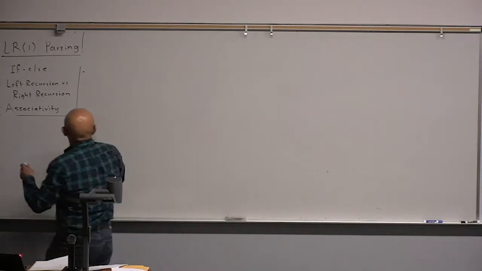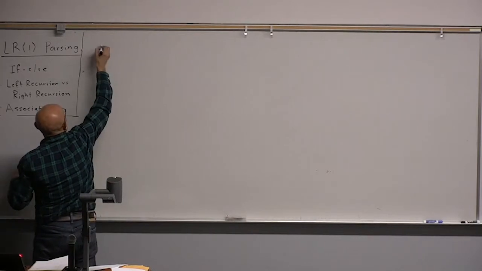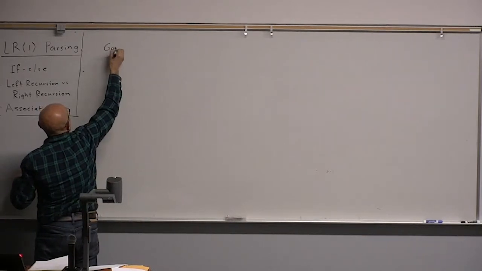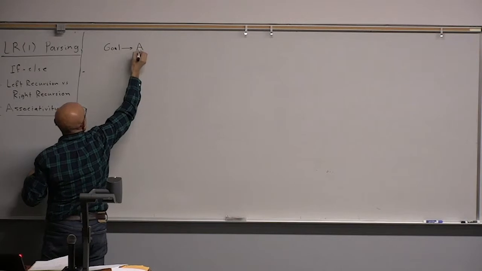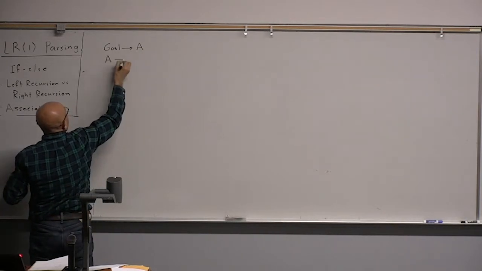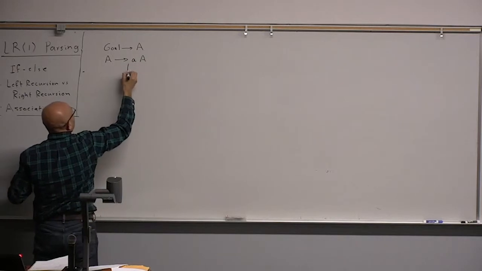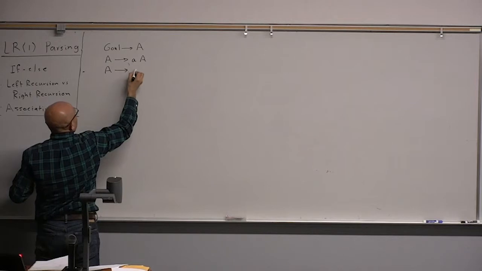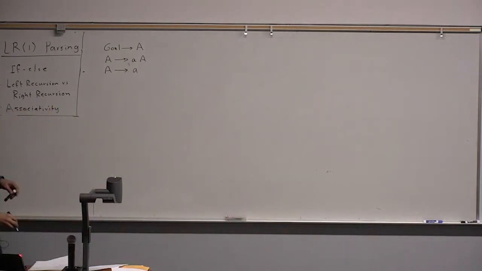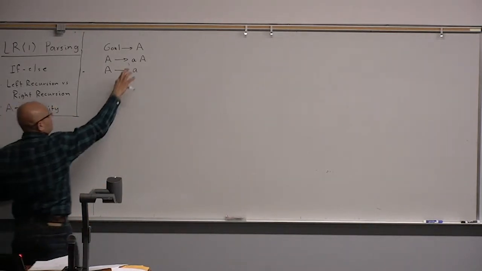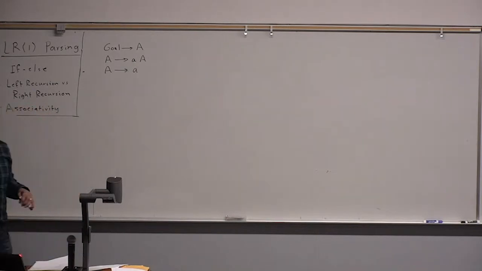So the goal is A, and A is AA or A, small a. Is this a right recursive or a left recursive grammar? Yeah, this is right recursive.